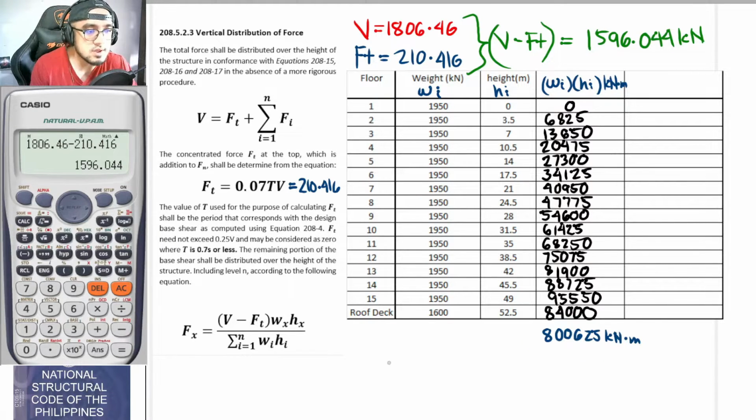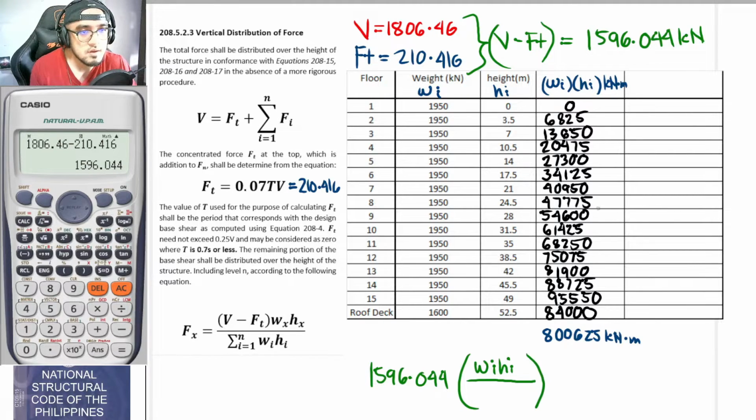So in other words, I would just be writing them here. 1596.044 times the ratio of whatever floor that you are analyzing. So let's say Wi Hi divided by the total. So divided by this. So this is now equal to 800625. So it would be as simple as that.